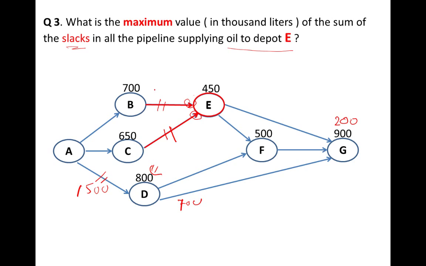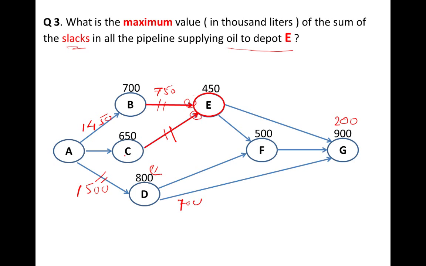How is that? B to E, that is 750, is a need, and B can return 700, that is 700 plus 750, which comes to 1450.